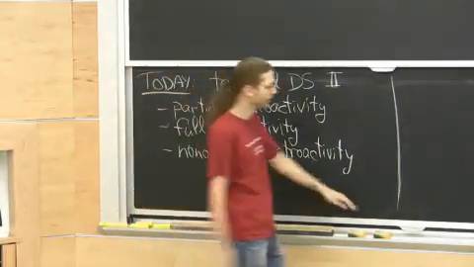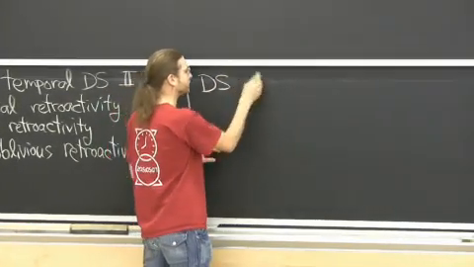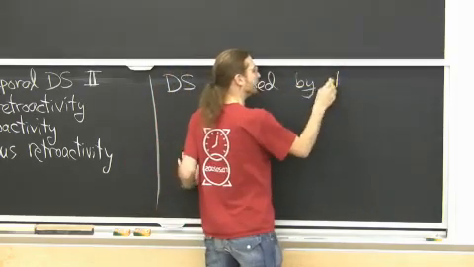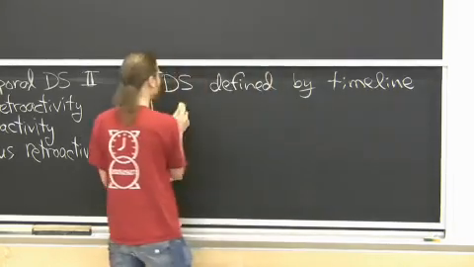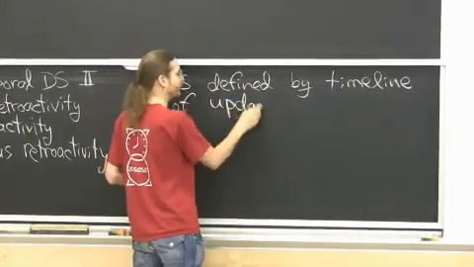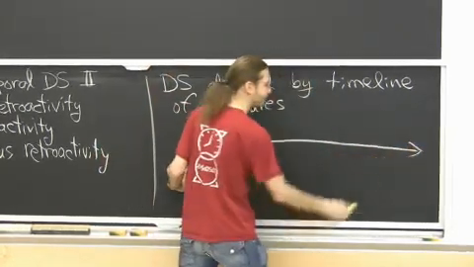In general, we think of a data structure as having a timeline. We're going to maintain one linear timeline of updates. So here's time.